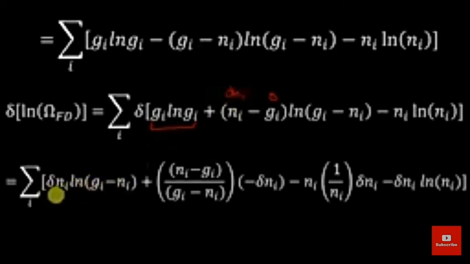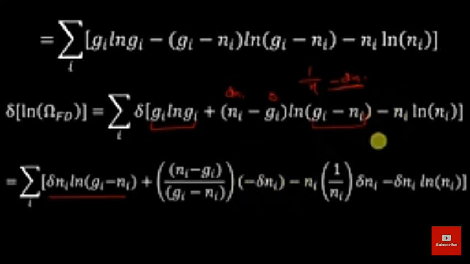So we have the first function times the derivative of the second function, which is dni in here, then the second function, this thing (ni minus gi), times the derivative of the first function: the derivative of log of x is 1 upon x, so 1 upon (gi minus ni), and the derivative of the inside thing with the chain rule is minus dni.